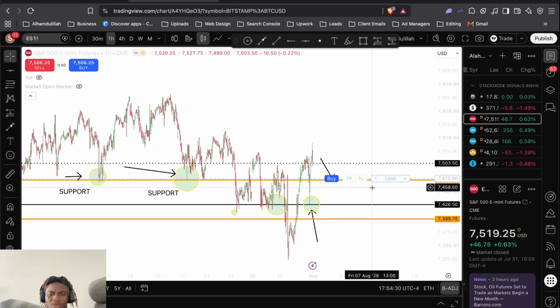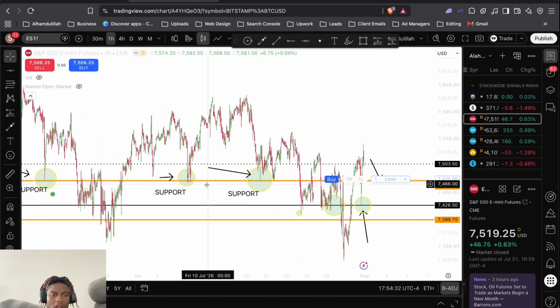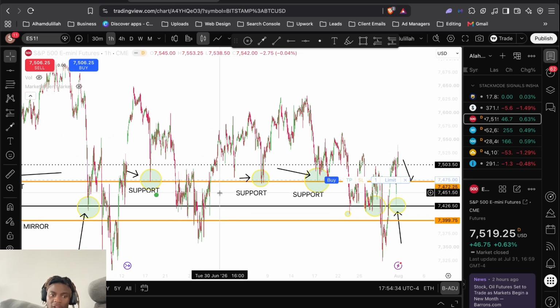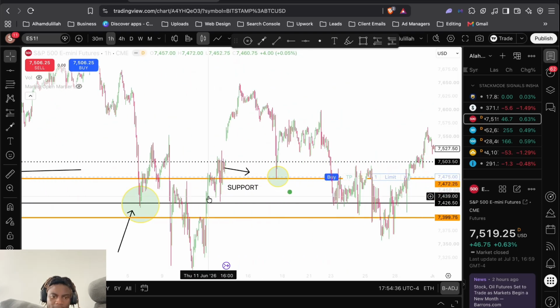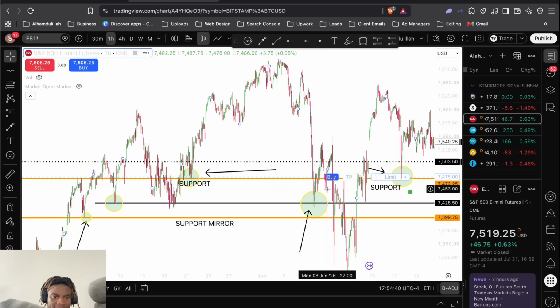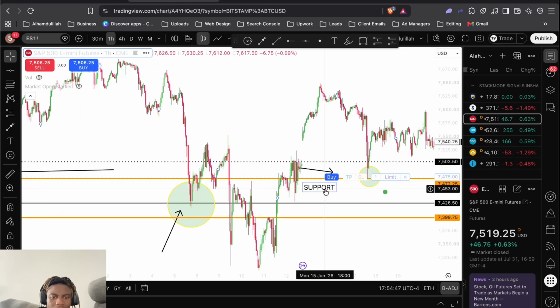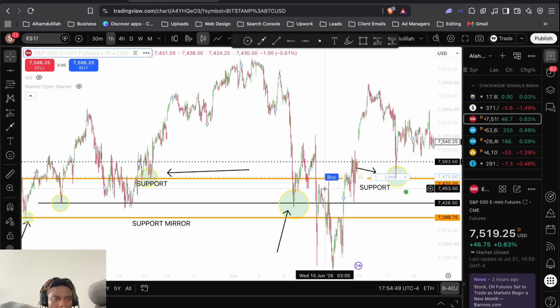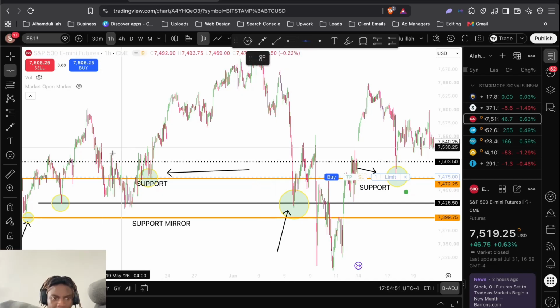And then, Chris, where's the stop loss going to be? Cool. So I'm going to go ahead and find another support mirror, such as this one, for example. I'm going to make sure it makes sense. Okay. So I kind of do like this one here.